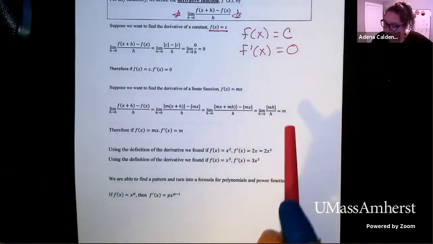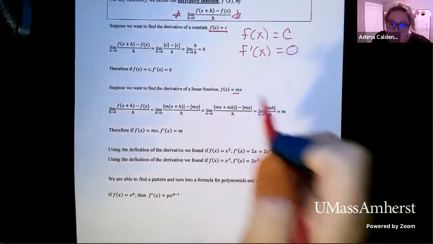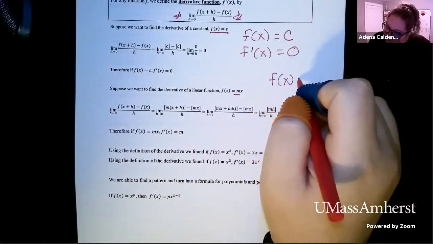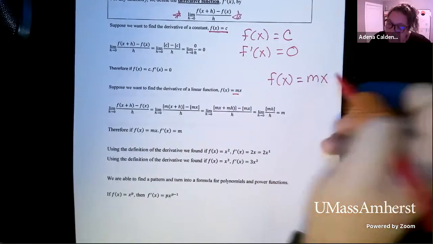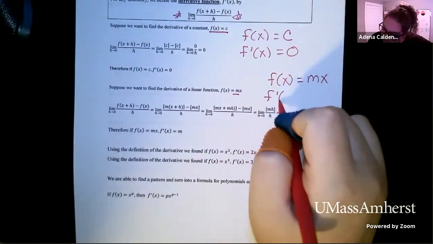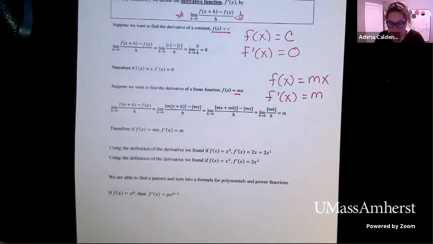The h's will cancel, and you will always get m, which we know to be the slope of the line. So what does that tell us? If you have a function that is a number times x, the derivative is just the slope of the line, okay?